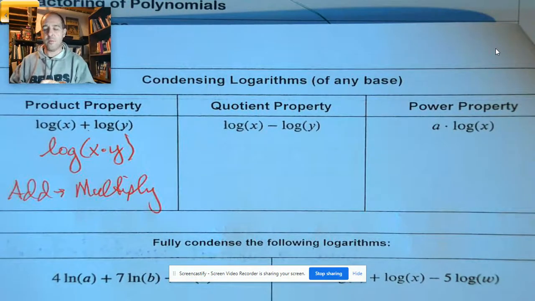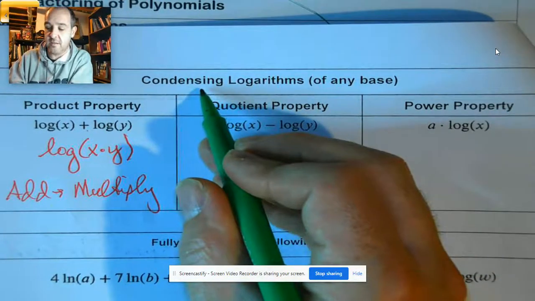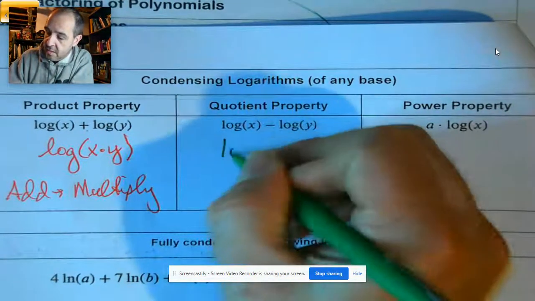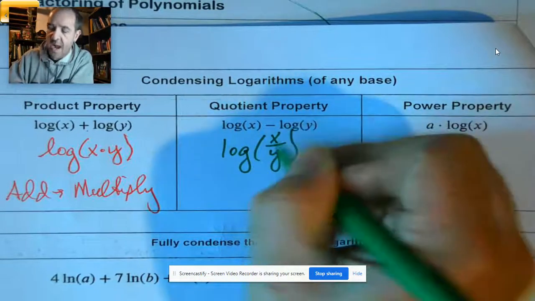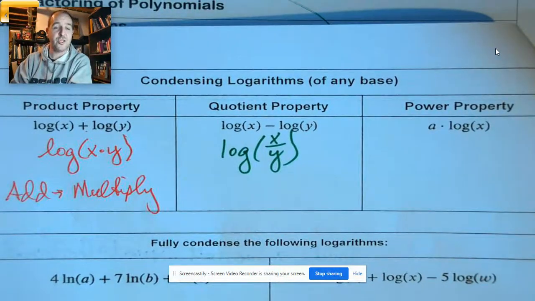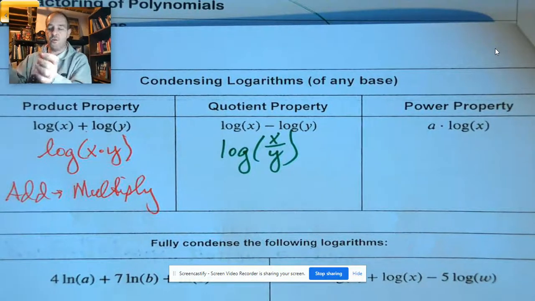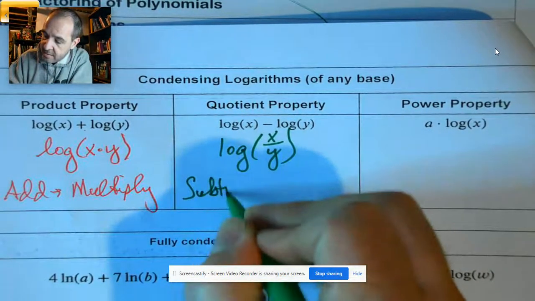And that's going to be true with all of our properties. Our quotient property, if I see minus and I'm asked to condense it, that subtract is going to turn into division with 1 log. We're smashing 2 logs or 3 logs or however many logs down to 1. So again, subtract becomes divide.